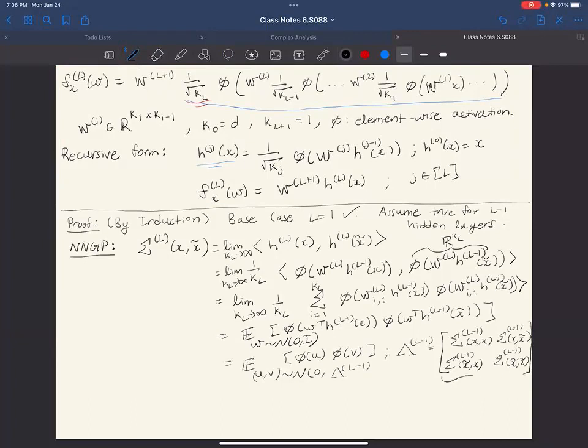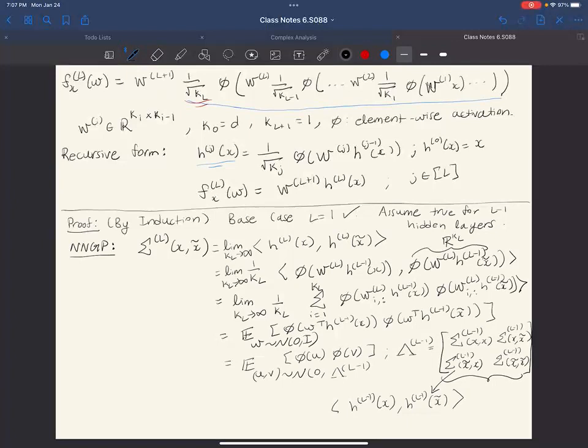So now why is this the case? Well, remember, what is the entry in any of these coordinates? Let's look at this entry. This is just exactly the inner product between H L minus 1 at x and H L minus 1 at x tilde. But remember, we had considered in our inductive hypothesis that all of those widths, K1 to KL, were going to infinity in this specific order.